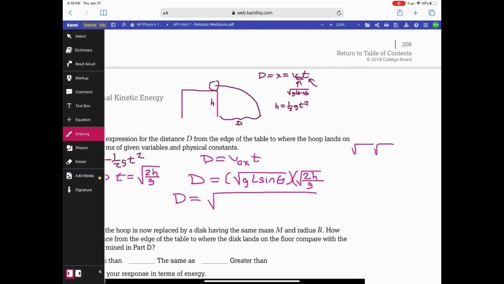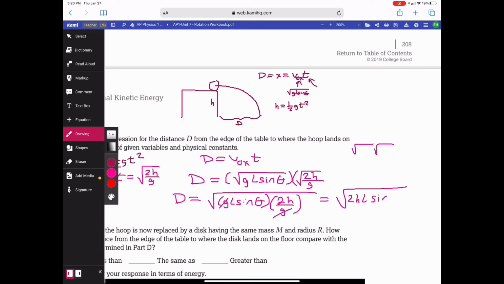So one radical would look like gL sine theta times 2h over g. Whoops, sorry, that should be an h, not an L. Okay, and what do we get? The g's end up canceling, right? So we get the square root of 2hL sine theta.